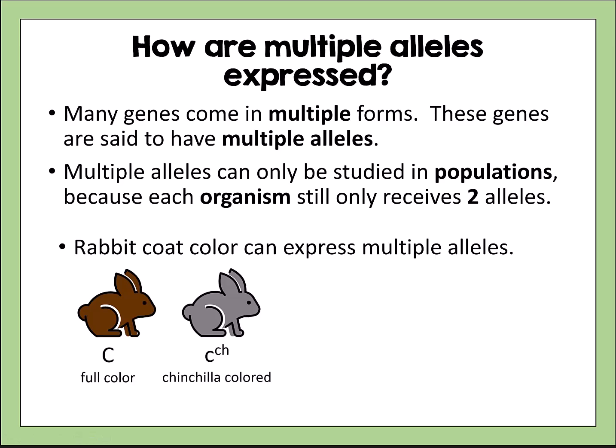They could also have an allele that makes them chinchilla colored. This is going to be a little c with a superscript ch. We use a little superscript here to show which allele we're specifically talking about. Notice that this one is capitalized and this one is lowercase. So that should tell you something about the dominance and recessive traits of this genetics pattern.